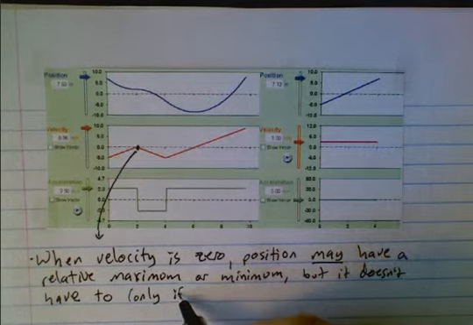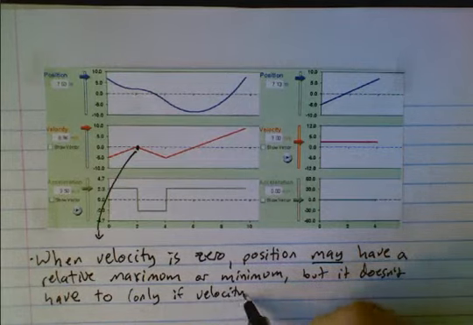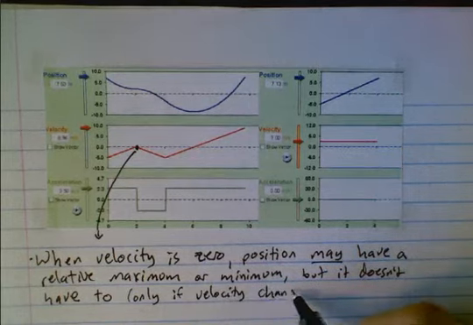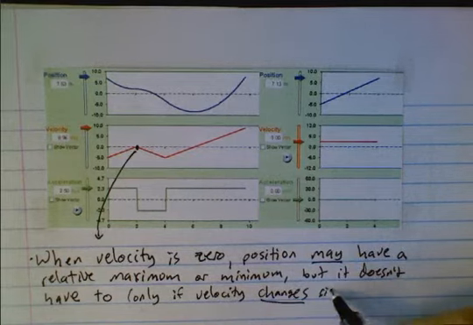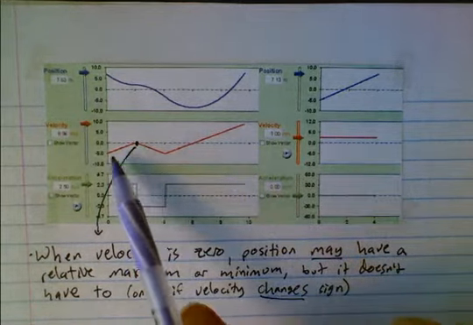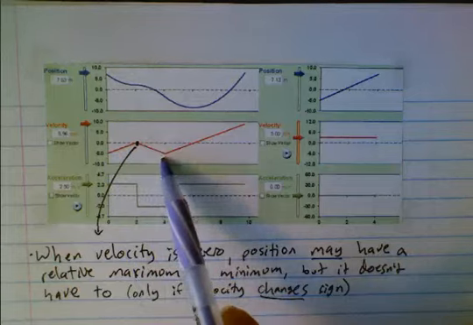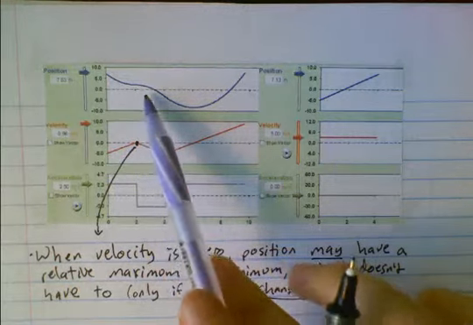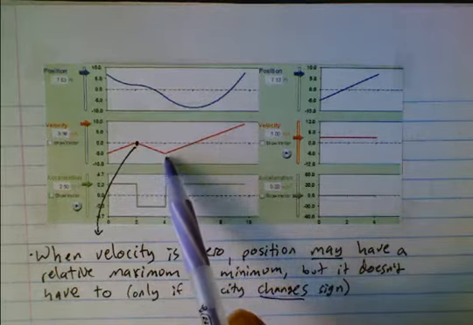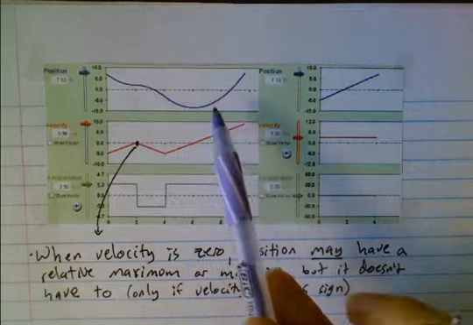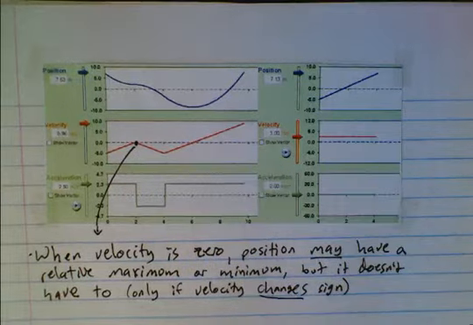Really, it's only if velocity changes sign. Notice that velocity is negative, then velocity is negative again. That's why we don't have a maximum or minimum here. At this 0, velocity changes from negative to positive. Lo and behold, there's a relative minimum.